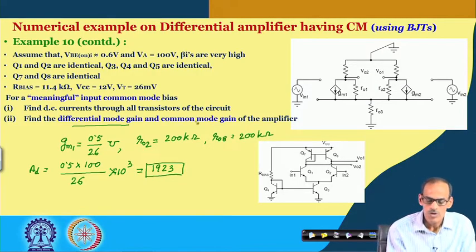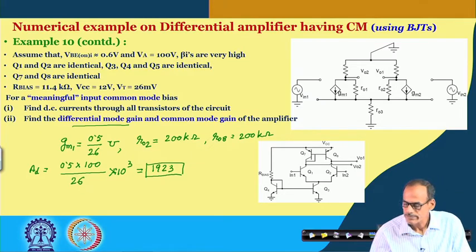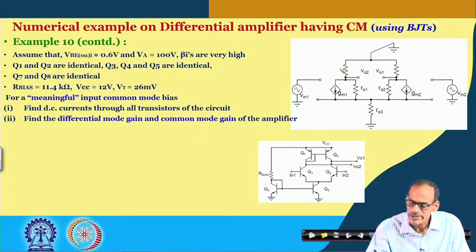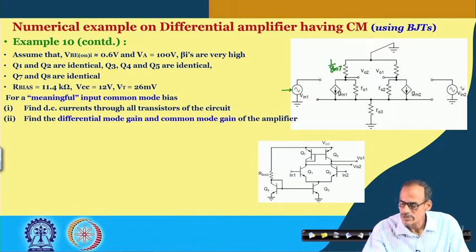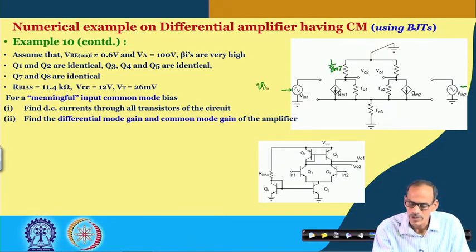On the other hand, the common mode gain. The common mode gain is essentially a bit tricky. Here we do have this resistor, which is practically 1 by GM7, and if we apply the same voltage here and the same voltage here, namely Vinc, that makes this voltage and this voltage equal.